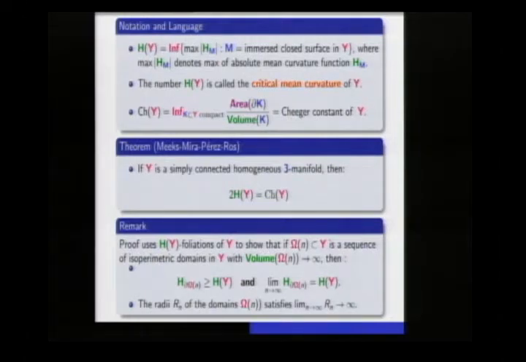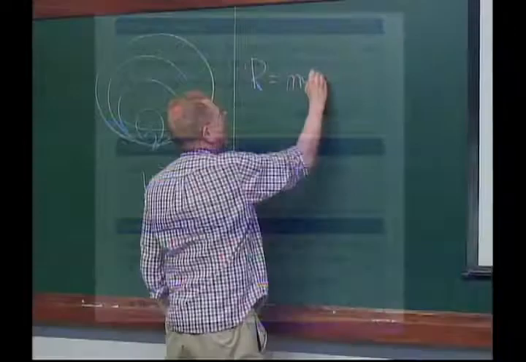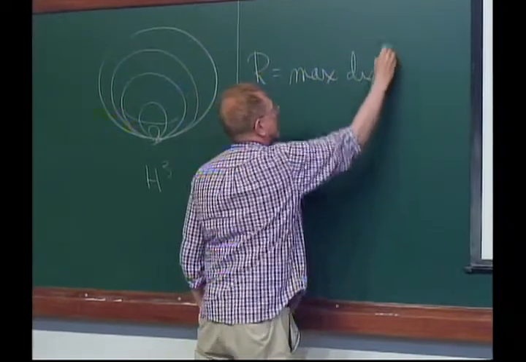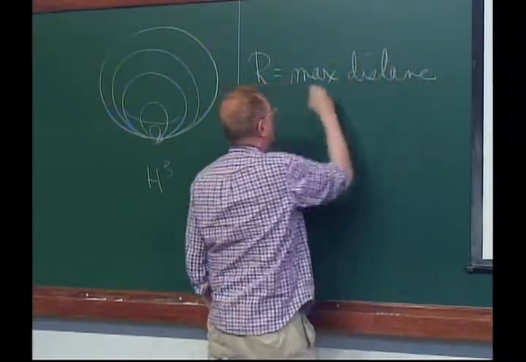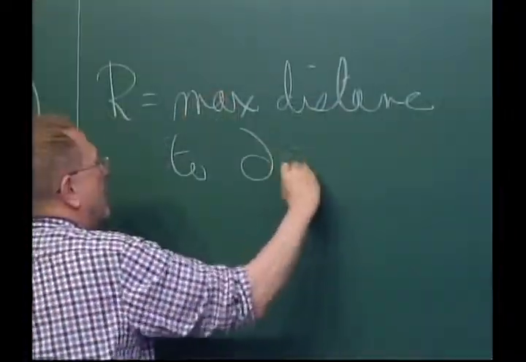That's also going to be important for us various times during the course. What is the radius of a smooth compact manifold with boundary? It's the maximum distance to the boundary of the domain.